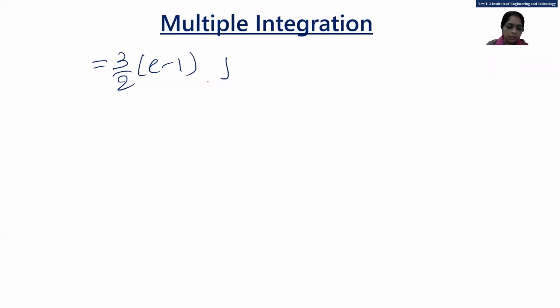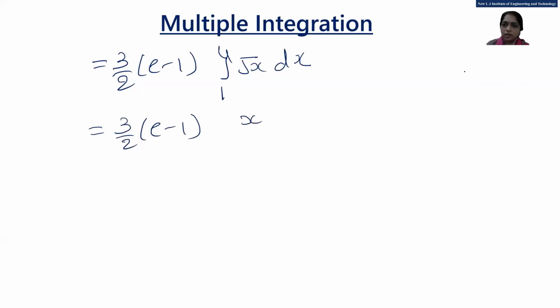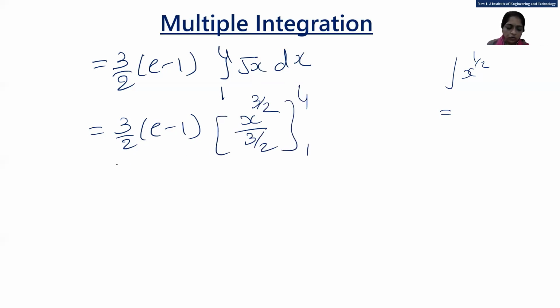The remaining term is the integral from 1 to 4 of root x dx. The integration of root x with respect to x: root x means x raised to 1/2, and the integration of x raised to 1/2 is x raised to 3/2 upon 3/2. The limits are 1 to 4.